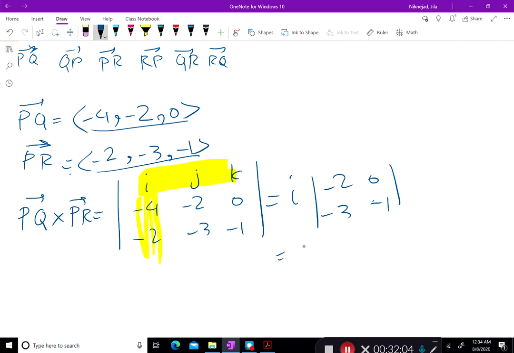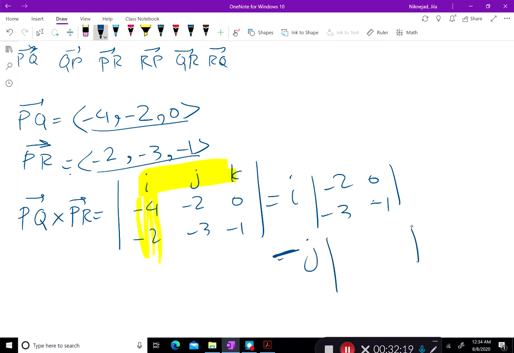Then for the second one, J, I have to have a negative, -J.